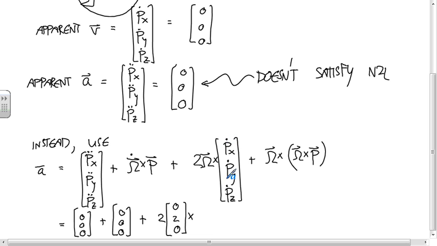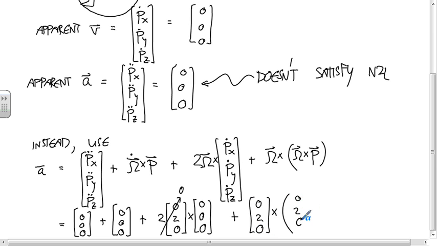The first time derivatives of the position vector is 0, 0, 0, so that goes away again. And then finally, we have 0, 2, 0 crossed with the quantity 0, 2, 0 cross negative 5, 0, 0. The only thing that doesn't go away is this term. And if you do that calculation, you get 20 meters per second squared, 0, 0, or a little over 2 Gs.